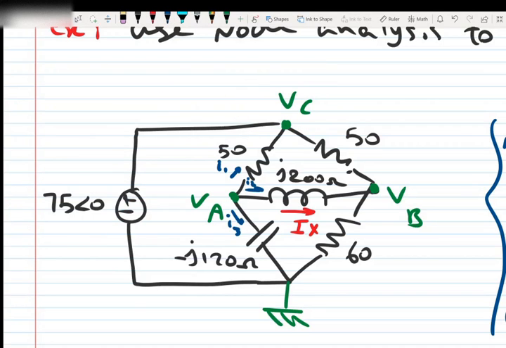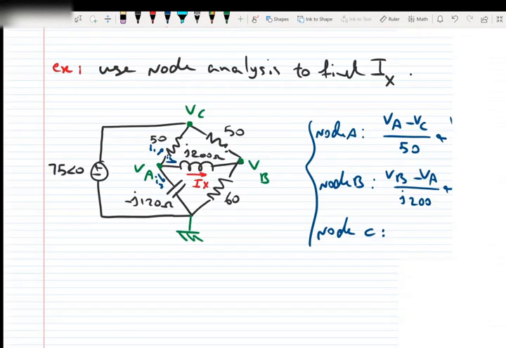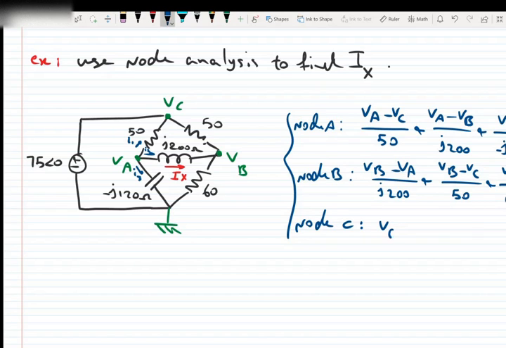So we don't need to write any KCL, and we can simply say that VC is equal to 75 with the angle of 0.